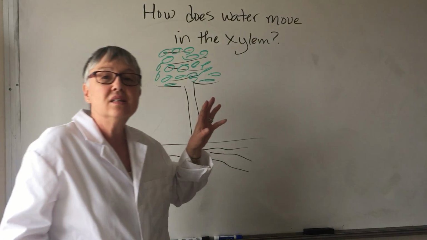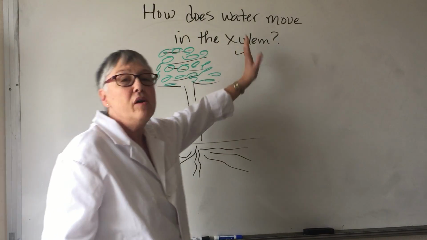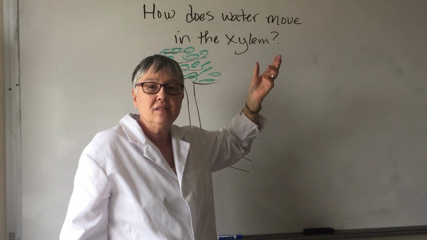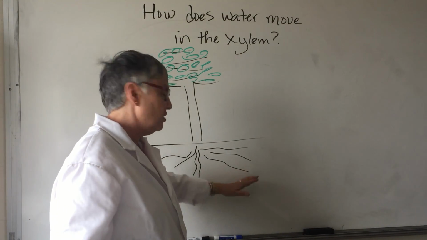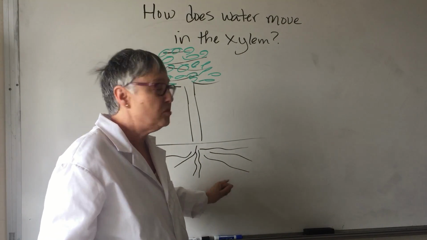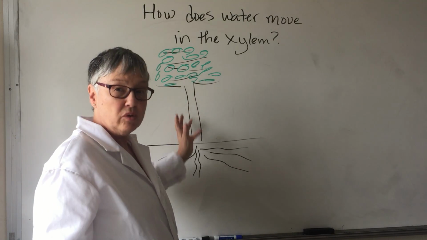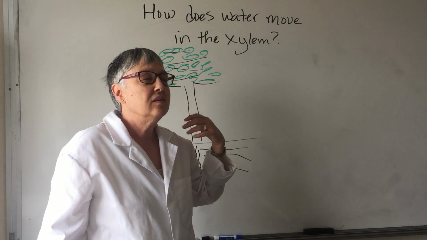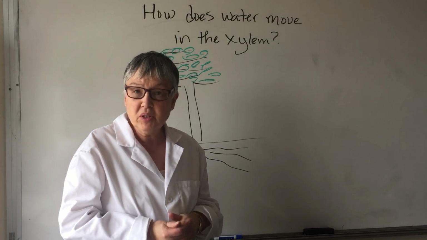So the question is, how does water move up a plant from the roots, which is where the water is first absorbed, up through the stem or the trunk, all the way to the leaves? And remember that some trees are extremely tall.